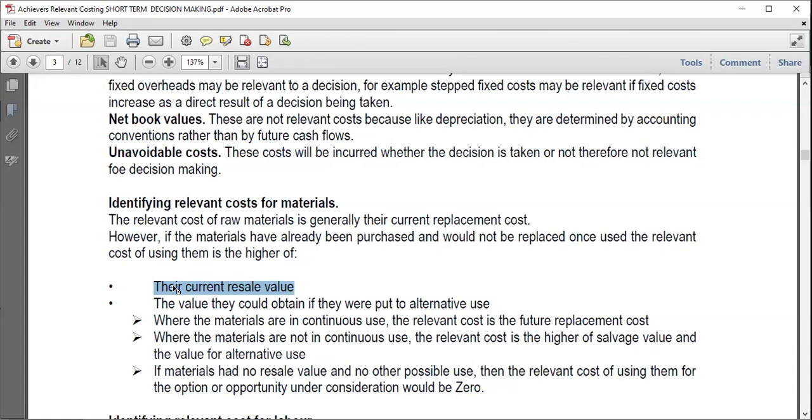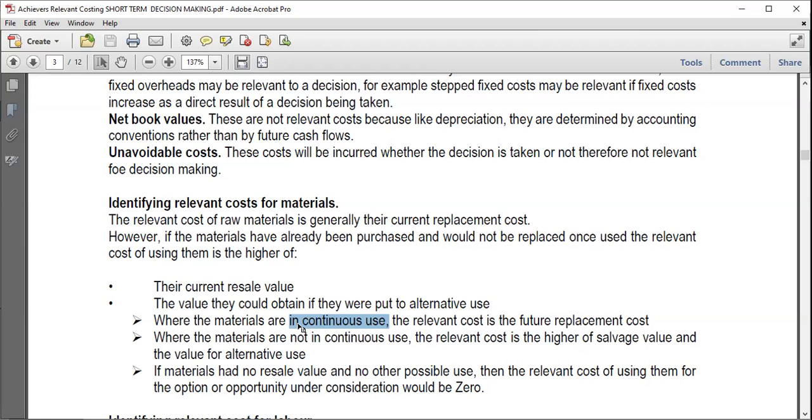And then the other is, what if the materials are in continuous use? Continuous use means that these materials can be used for another product that you can continuously produce in your company.